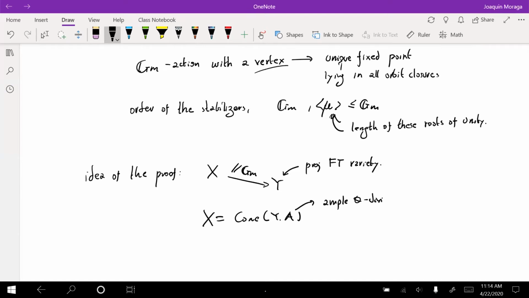So the first step is to prove that Y is bounded. And essentially, some not so hard computation shows that for some boundary, -K_Y + Delta_Y is epsilon-log canonical, nef and big.